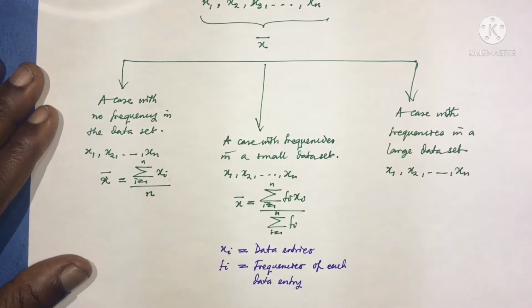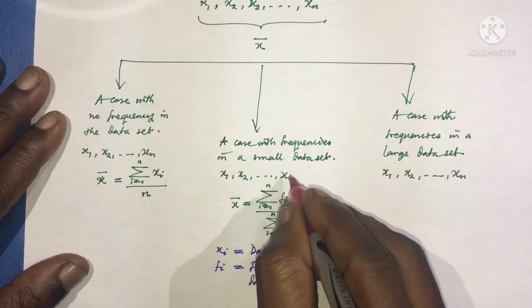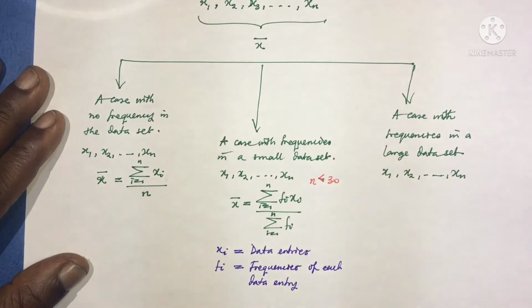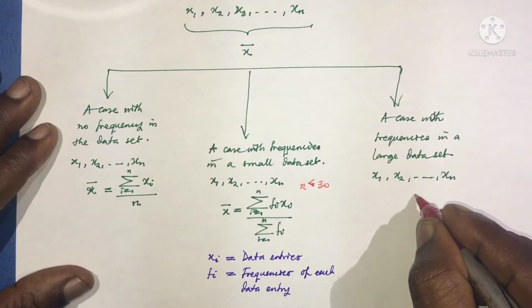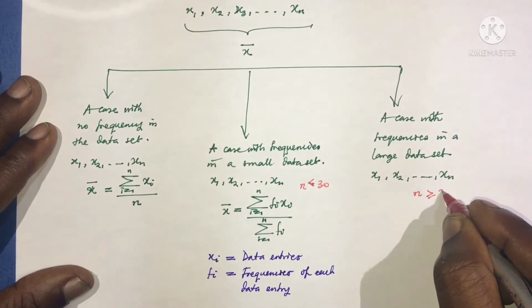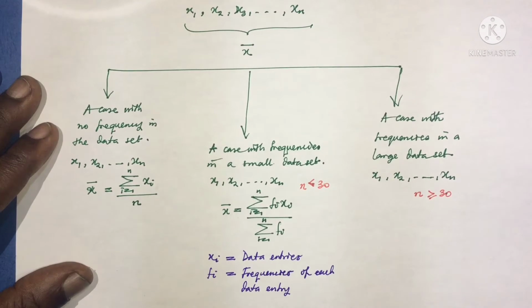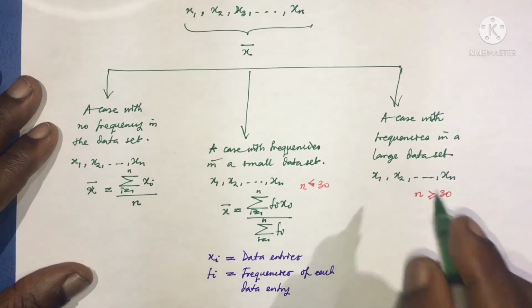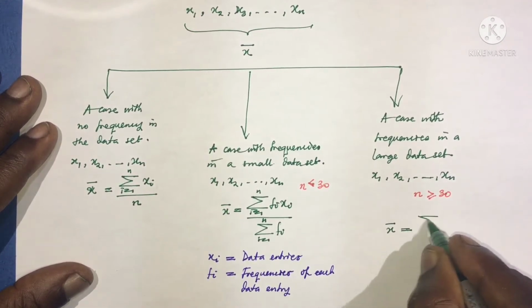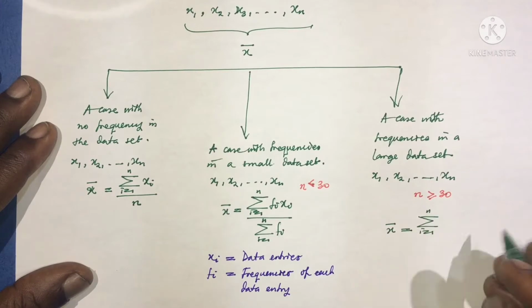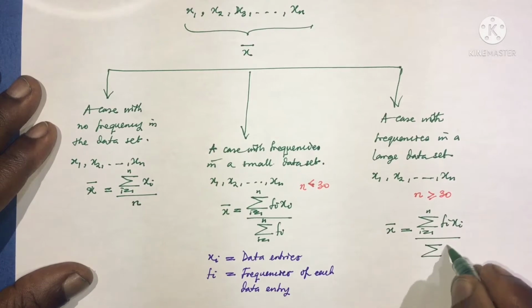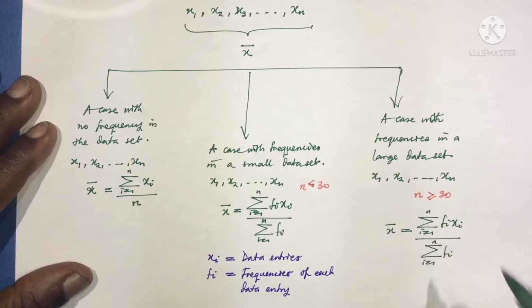Take note, a small data set meant that n was presumed to be less than 30, and a large data set meant that n, the size of the data set, was presumably greater than or equal to 30. For this case, we defined the arithmetic mean x bar as the summation from i equals 1 to n of all fixi, all over the summation of fi from i equals 1 to n.